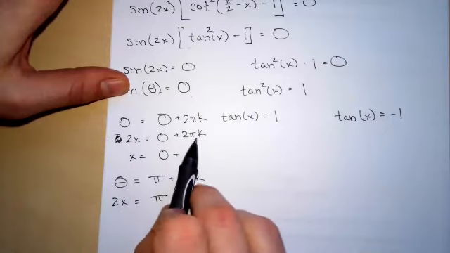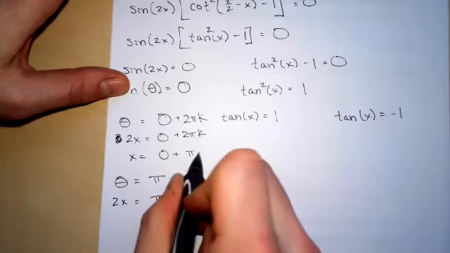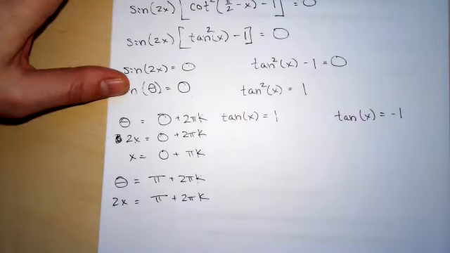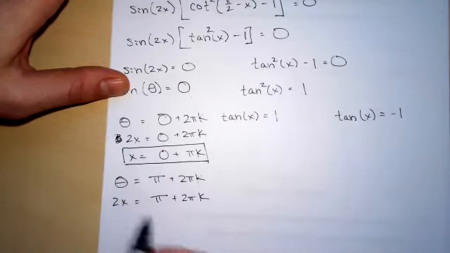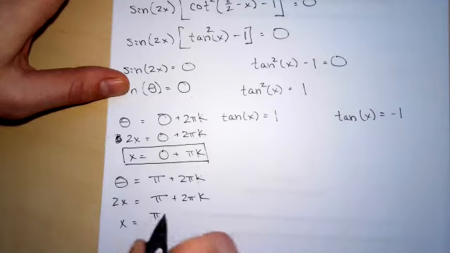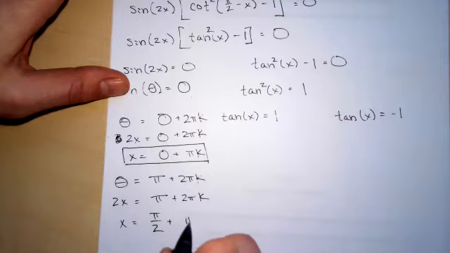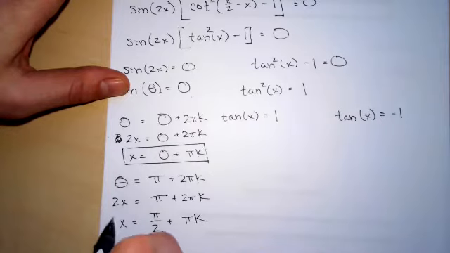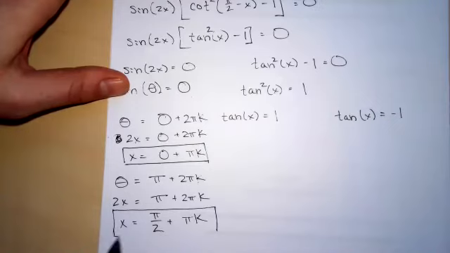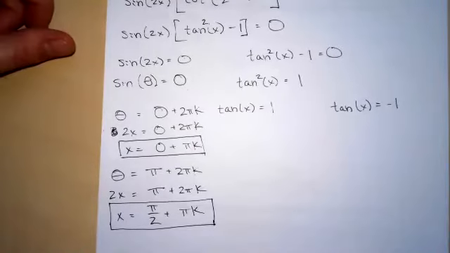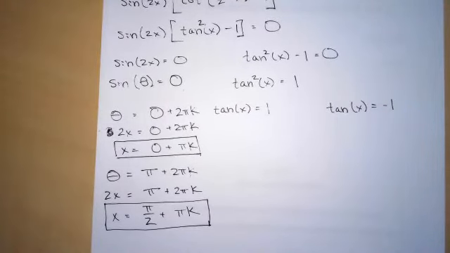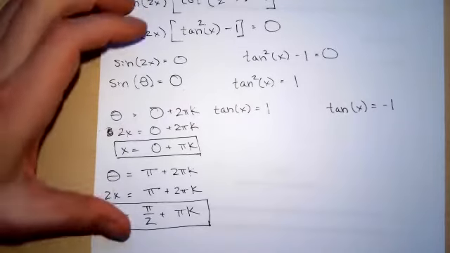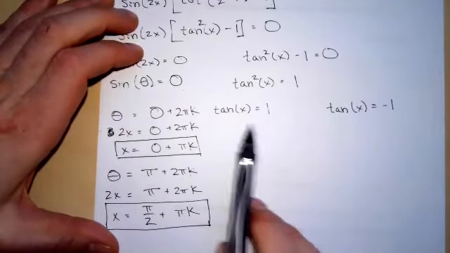And now we'll have 2 pi divided by 2 times k, so just pi times k. And then this guy here, pi divided by 2, just gives us pi over 2. And then again, the 2 pi k divided by 2 will just give us pi k. That's that guy. And now we've got these two equations as well.